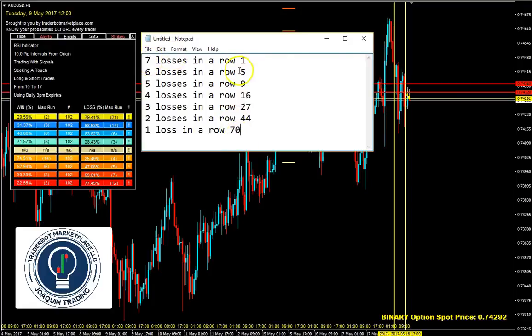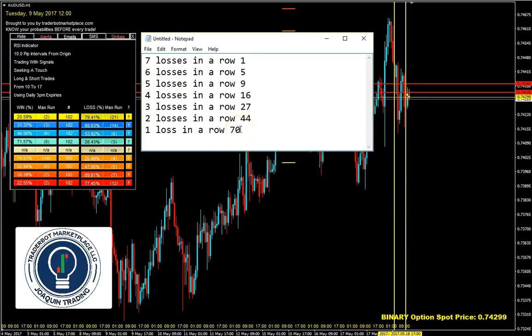Now, if we know that over the past 102 trades, this is how it's happened. We went to 7 losses in a row only once, 6 losses in a row 5 times, 5 losses in a row 9 times. That's 15 trades out of the past 102 that went more than 4 losses in a row.